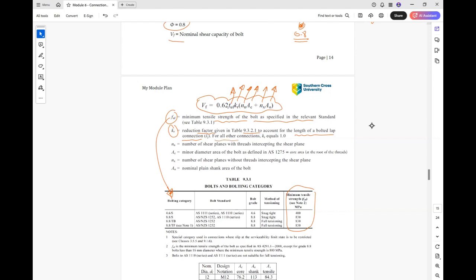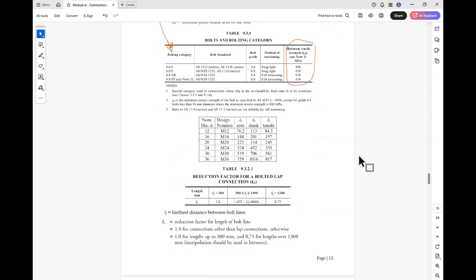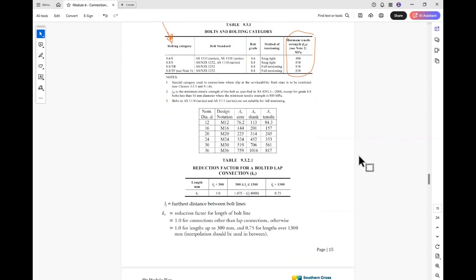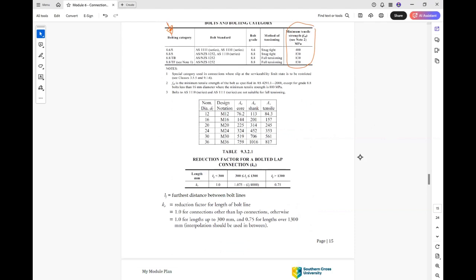If the connection is not a lap connection, k_r can be taken as 1. We can also have a look at k_r here. If the connection lap length is less than 300 millimeters, the k factor can be taken as 1. If the connection lap length is more than 1300, it can be taken as 0.75.